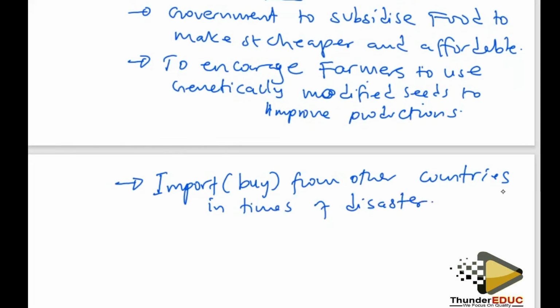Where you don't have enough during those times of insecurity, one way is for the government to be able to buy food from other countries, which will make them able to sustain its population.